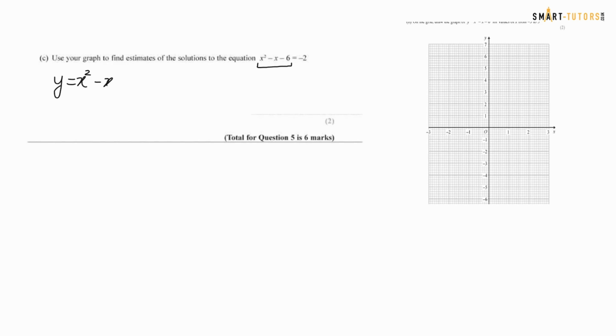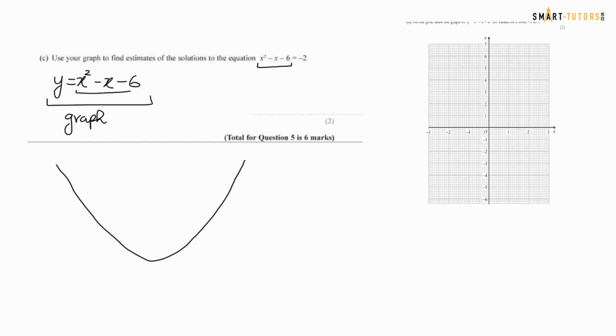So x squared minus x minus 6 equals y. Instead of this, I can substitute y, so y equals minus 2.